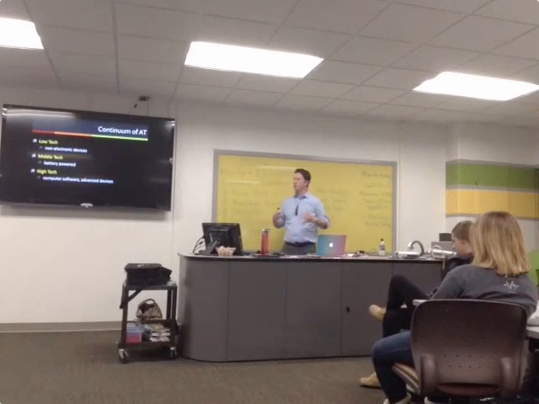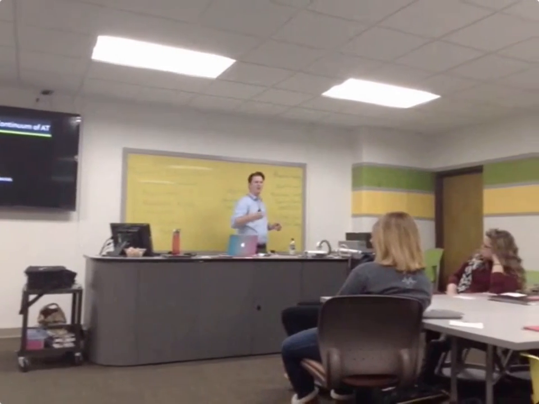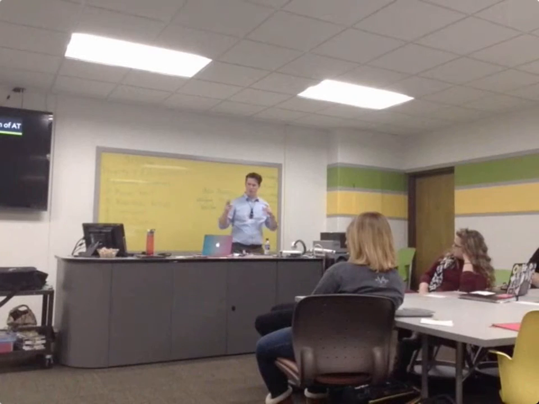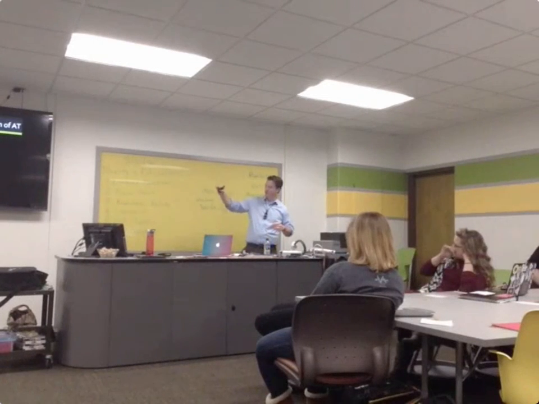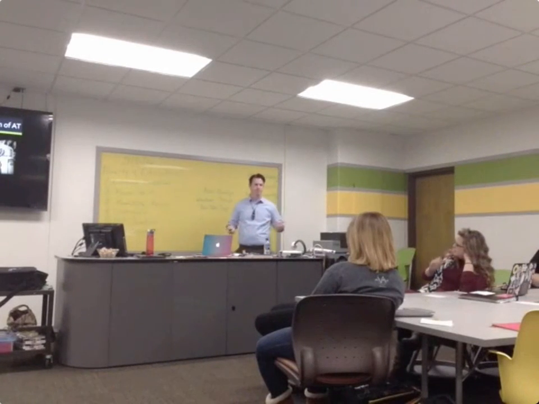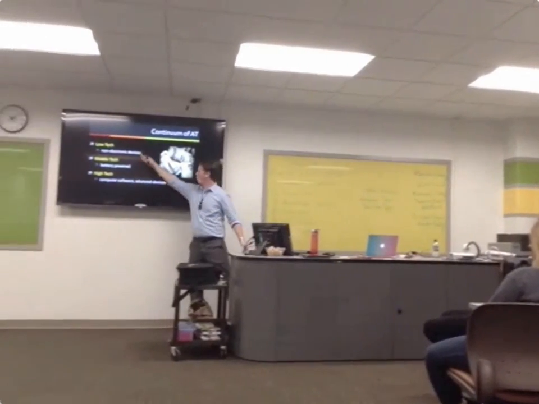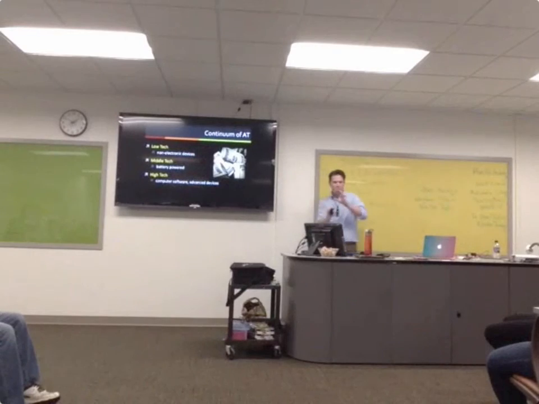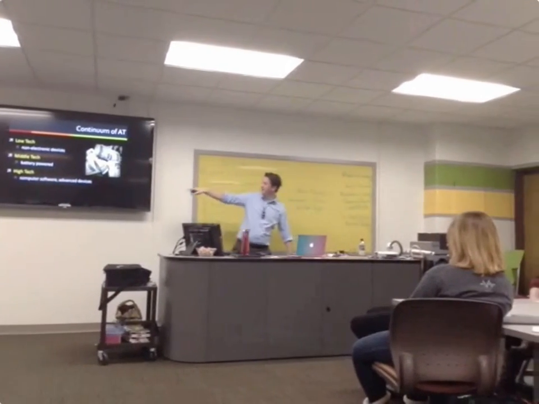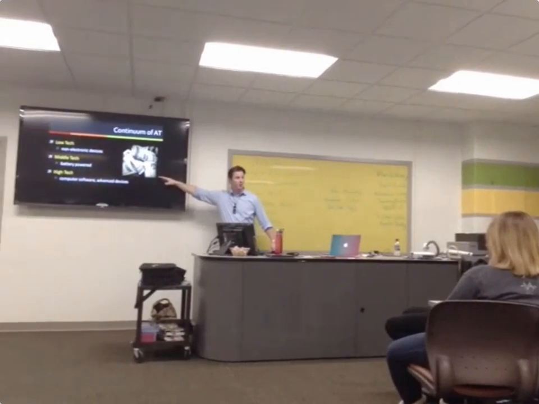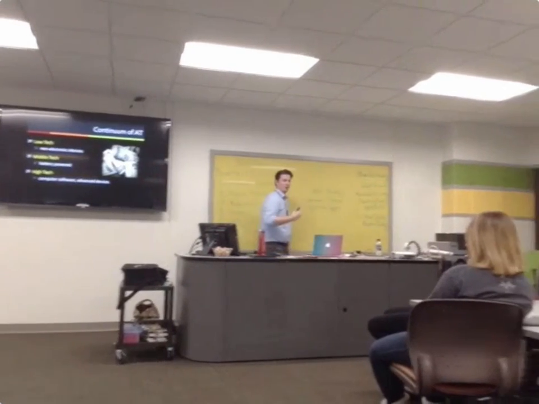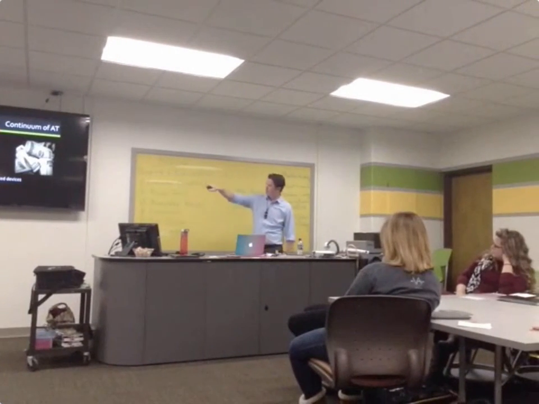And this is computers, software, advanced communicative devices, things like that. There's a more practical way to think about this continuum. Cost. This is more the formal definition for that categorization of AT. Really, software costs more than battery-powered devices, which cost more than non-electronic devices. Okay? But do know we can break it down into those categories.